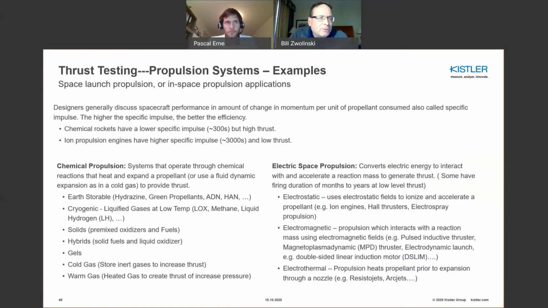In terms of efficiency or specific impulse, chemical rockets typically have a lower specific impulse but higher thrust, whereas electric propulsion or ion propulsion, for example, would have a higher specific impulse with lower thrust. So there are definitely some options out there for propulsion systems nowadays.